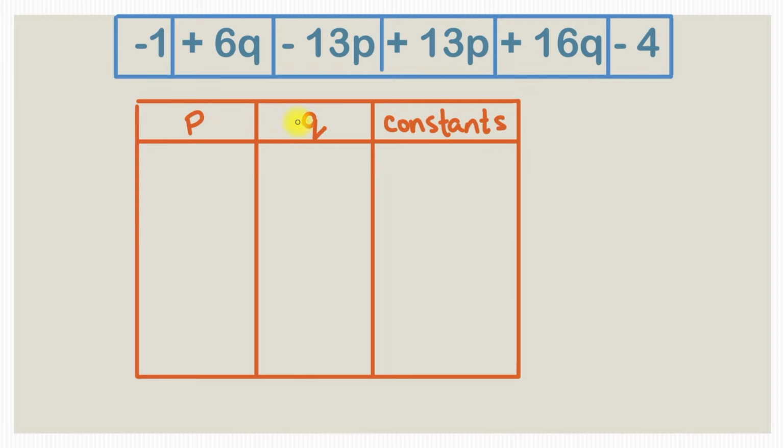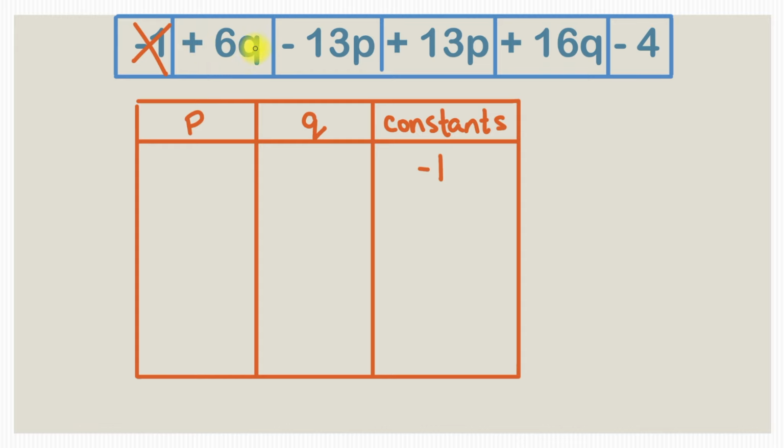Now that our term table is set up, I'm going to take each of these terms and put them in the right column. -1 is a constant, so I'll put it here in the constant column. And then I'll cross it off to make sure I don't accidentally write it twice. Next, we've got positive 6q.